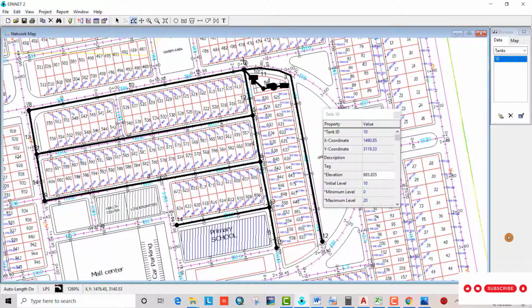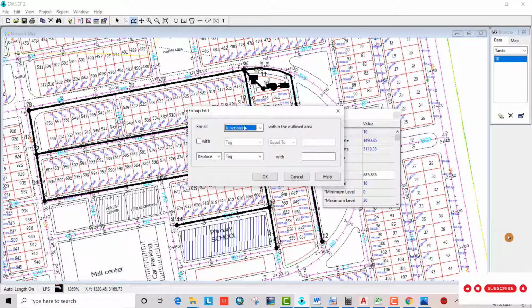The most simple way is just to select region. You can select the region of the nodes. That is the region. And group it. Junction means node. And choose base demand.